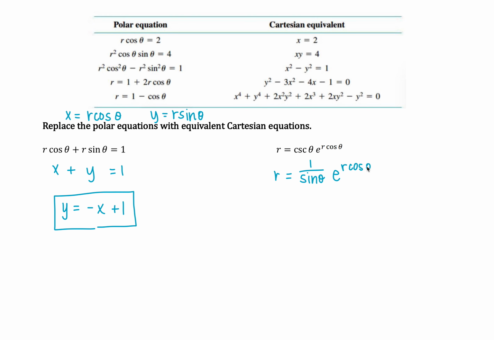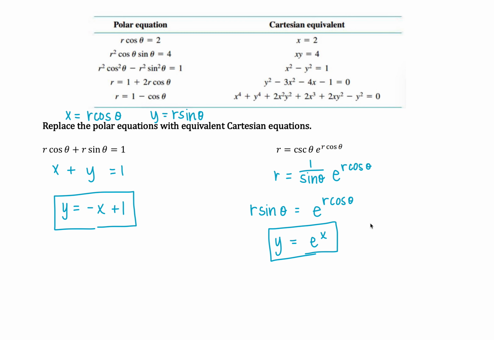So I can multiply sine theta to both sides to get rid of that fraction, and that gives me r sine theta is equal to e to the r cosine theta. And then replacing, we have y equals e to the x. So there we would have the graph of the natural exponential function.